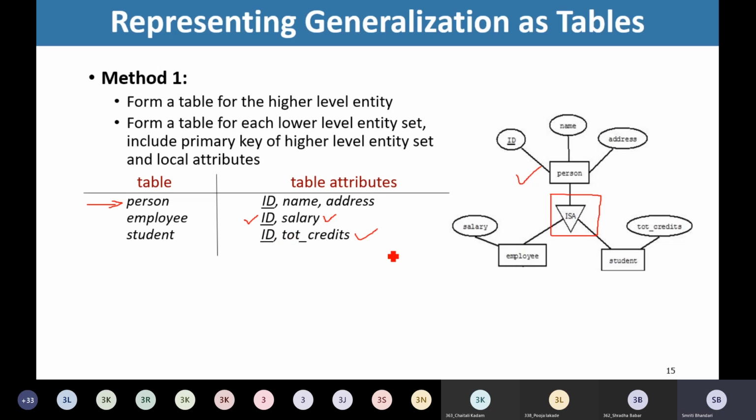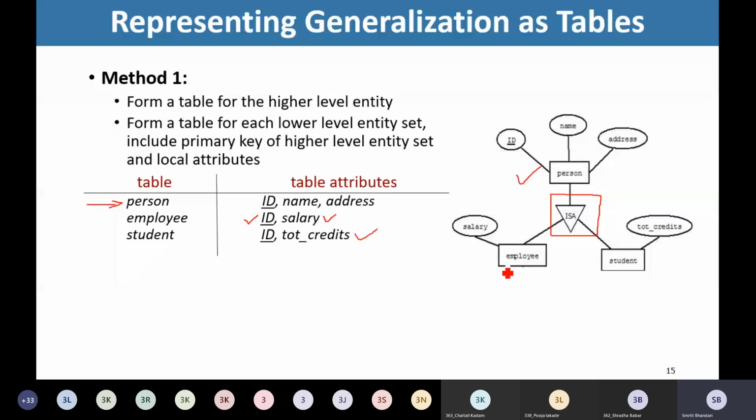Is that correct? So, method 1 says that if I want to convert this kind of generalization or specialization into tabular form, I can prepare a separate table for my higher level entity set along with all its attributes.